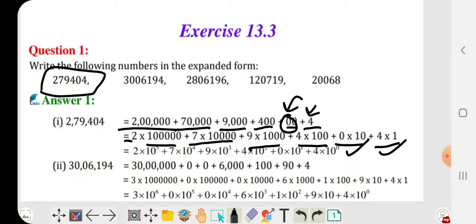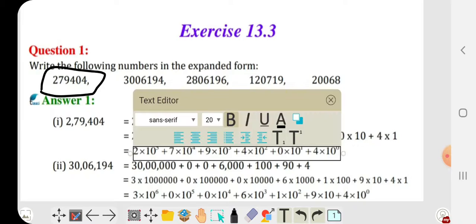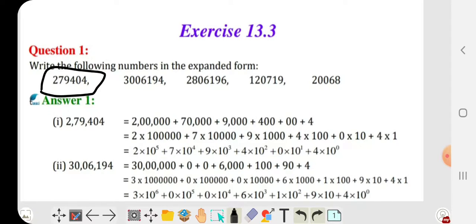Now there comes the third step. 2 will be written as it is. Now it is 1 lakh. How many zeros are there in 1 lakh? There are 5 zeros. So simply 1 lakh can be written as 10 raised to power 5. Clear?